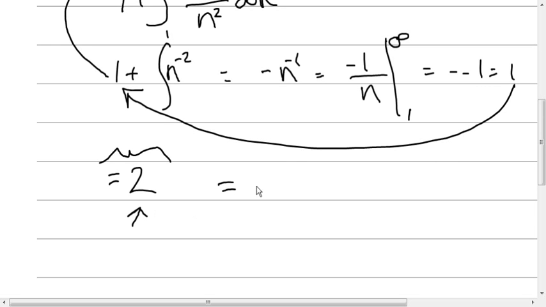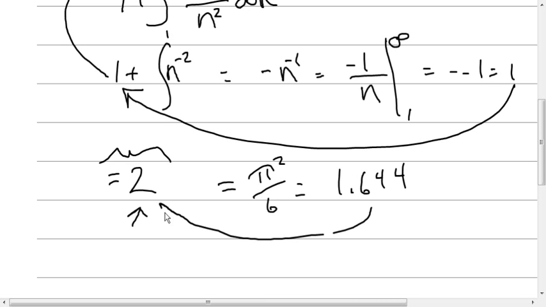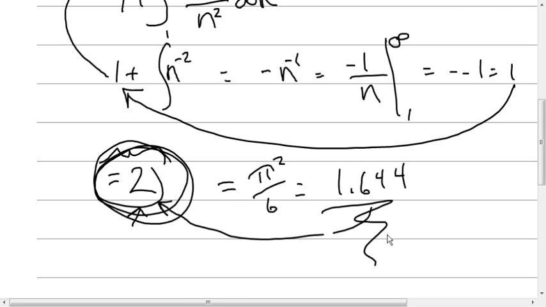And in the book they point out that the actual convergence is pi squared divided by 6, which is equal to 1.644. So you can see, yes, indeed, it's smaller than this, but this value did not very accurately tell us what this series did converge to. It just told us that it was going to converge.